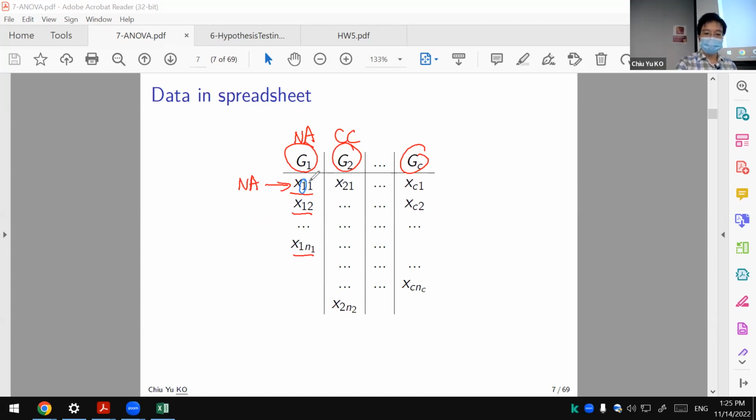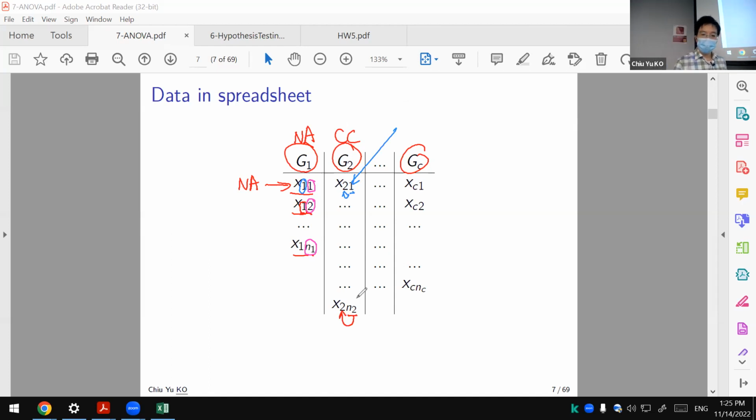The second one is the second observation of NA College, up to the N1 observation. Similarly, this is the first observation of CC College, and this is the last observation of CC College.